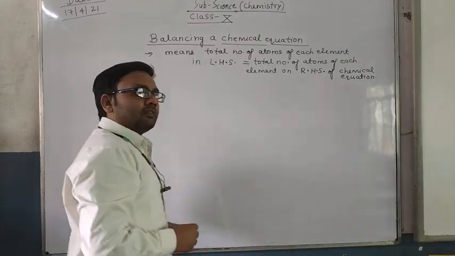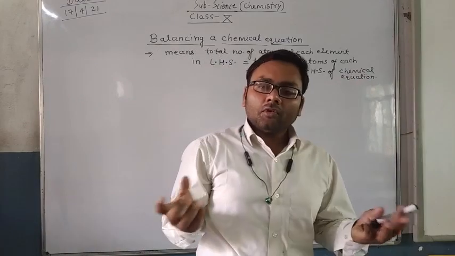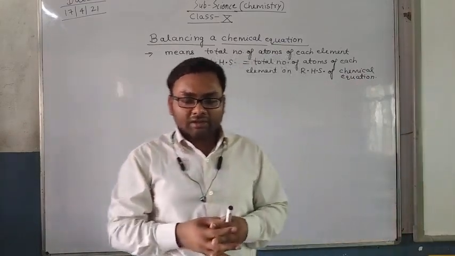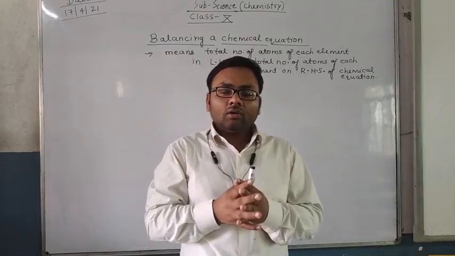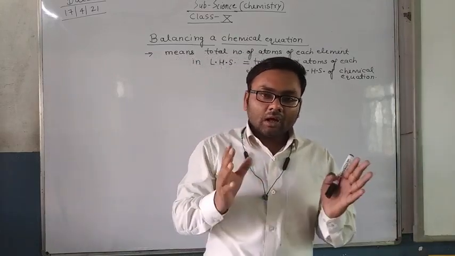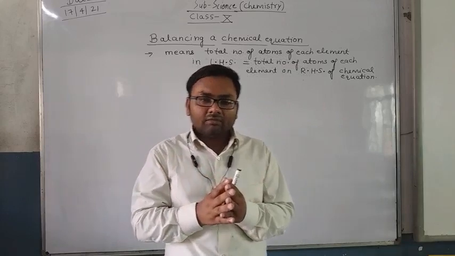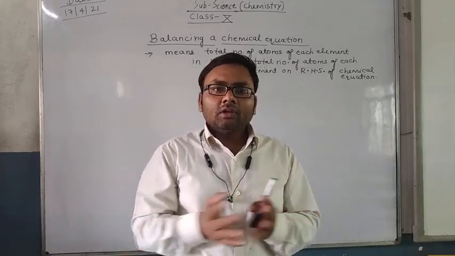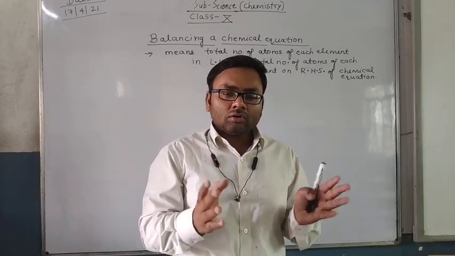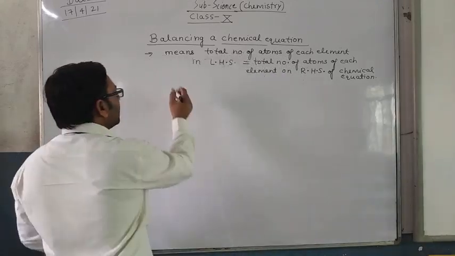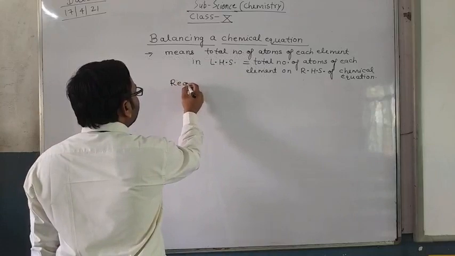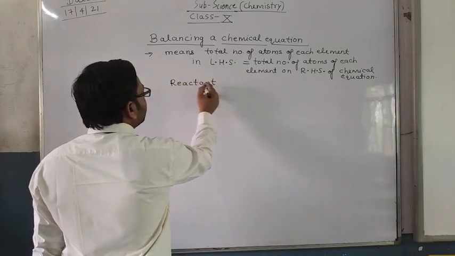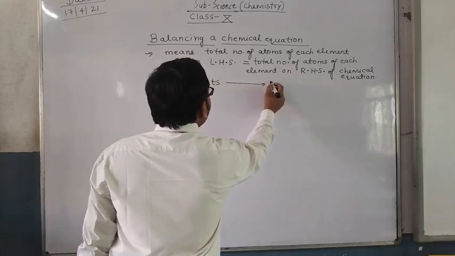So what we have to check basically. Suppose there are two or more reactants which combine together in a chemical equation. When these combine, we get one or more products. Reactants are written on the left hand side, they combine with each other, and we get the products.